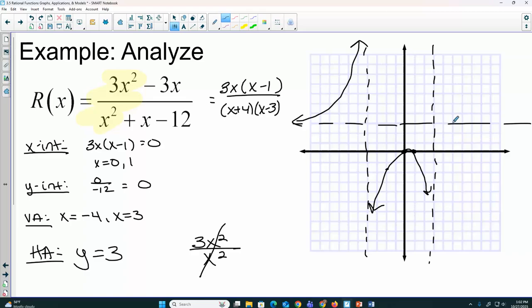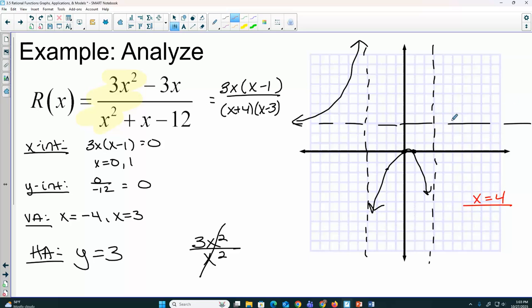Then we need a number bigger than 3. So if we put in a 4. How do you know what numbers to plug in? So I'm plugging in numbers on each side of the vertical. I have a vertical at 3, so I'm going to plug in a 4.